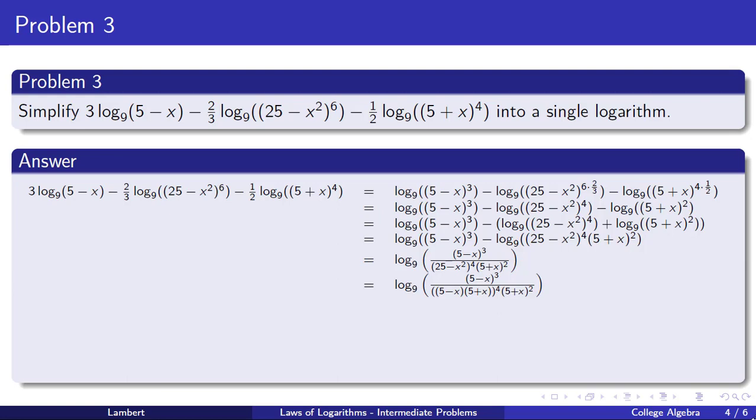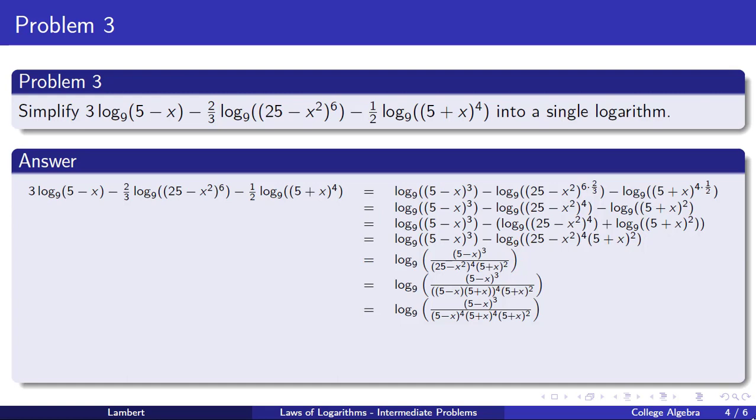So this now becomes, if you just distribute that fourth to the exponent of each factor, log base 9 of, you have a 5 minus x, the quantity cubed in the numerator, you have a 5 minus x to the fourth and a 5 plus x to the fourth just from that distribution, and you have another 5 plus x squared.